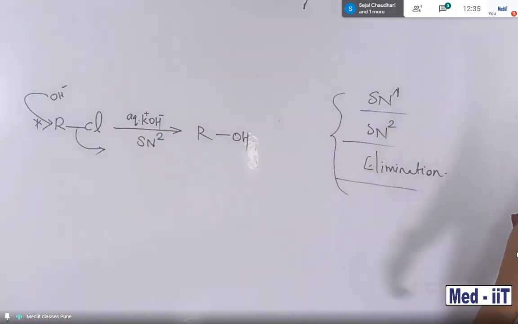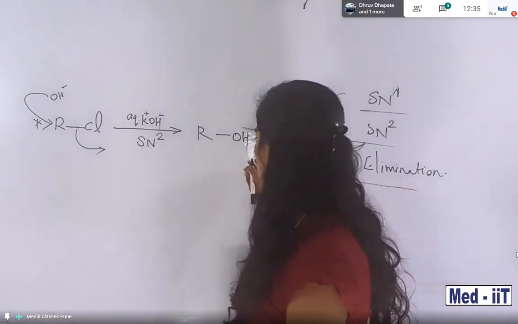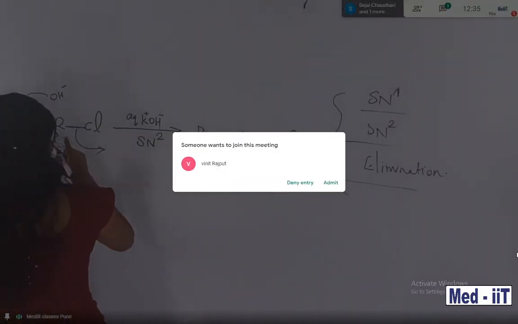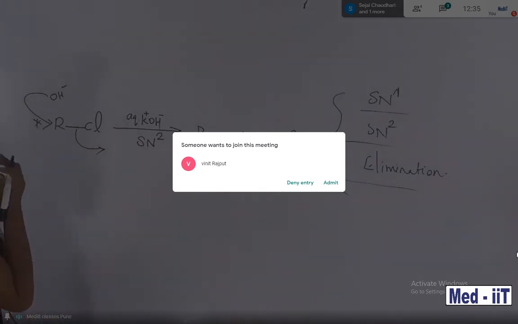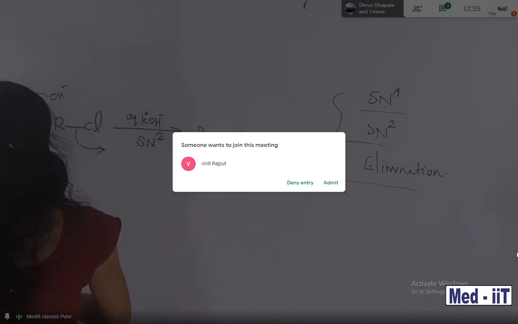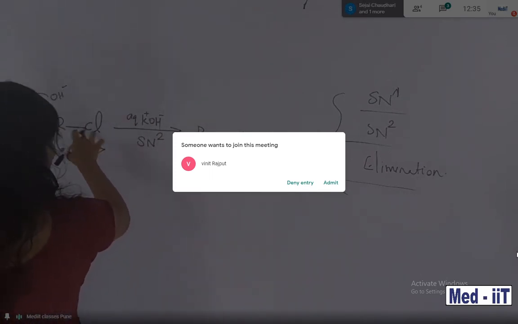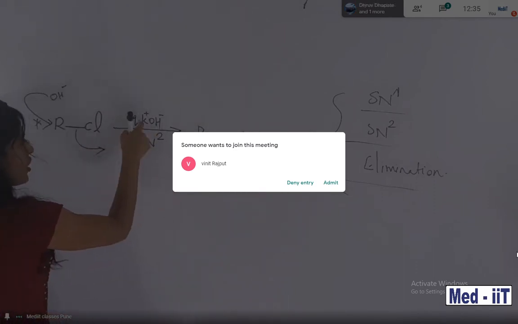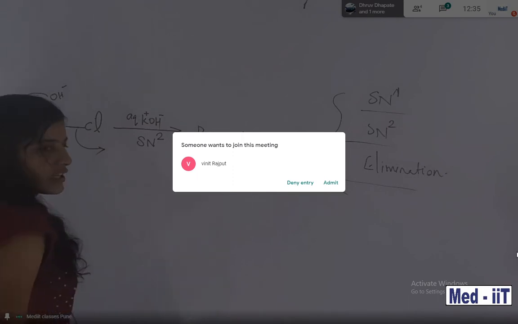Very good, Dhruv. ROH plus the byproduct. Why HCl? ROH is there, and then KCl instead of HCl, because here it is KOH, so these K and chlorine combine.